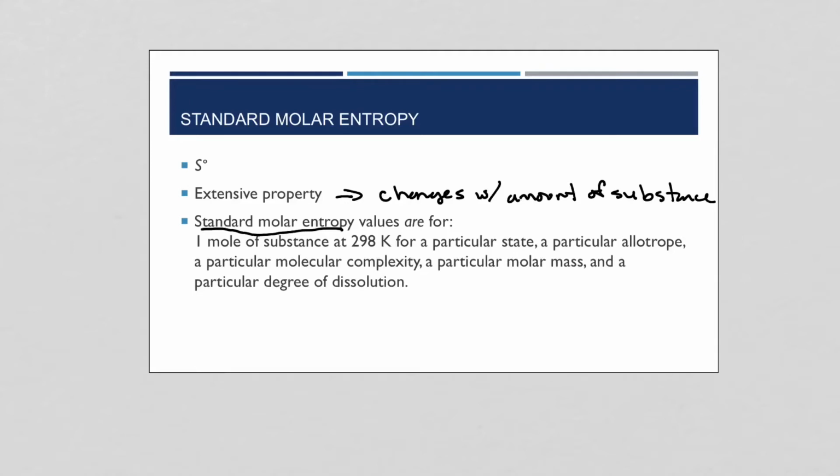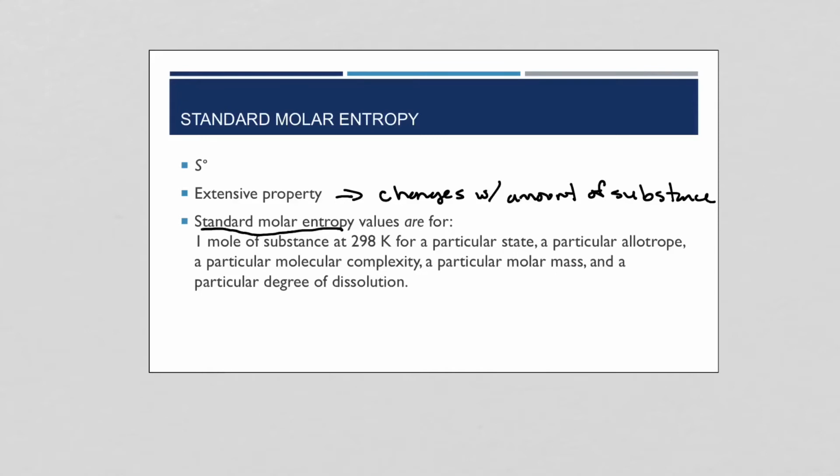And so we say that 1 mole of a substance, typically at 25 degrees or 298 K, for a particular state, whether it's solid, liquid, or gas, a particular form, or what we call allotrope of that material, a particular molecular complexity for a molecule, with a particular molar mass, and whether it is dissolved in solution.